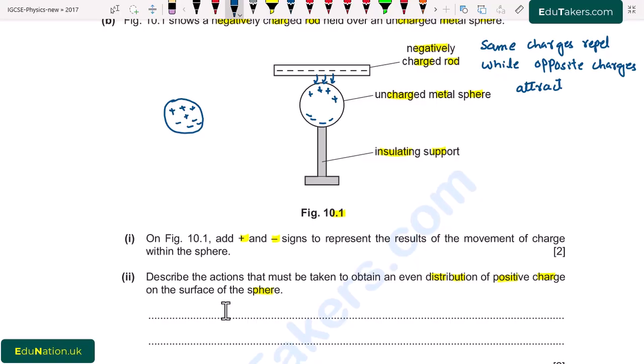How can we obtain the even distribution of positive charges here? I attach this sphere to the ground so that all the negative charges flow here and go towards the ground.